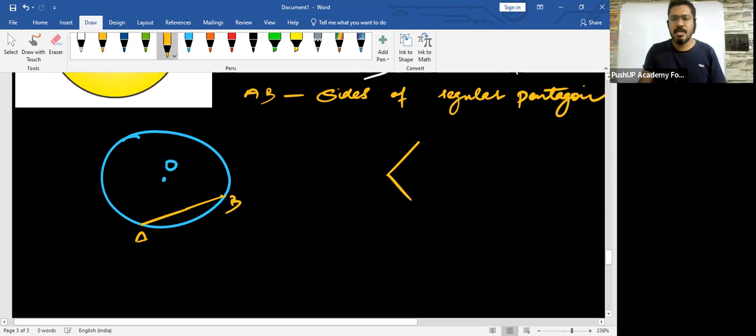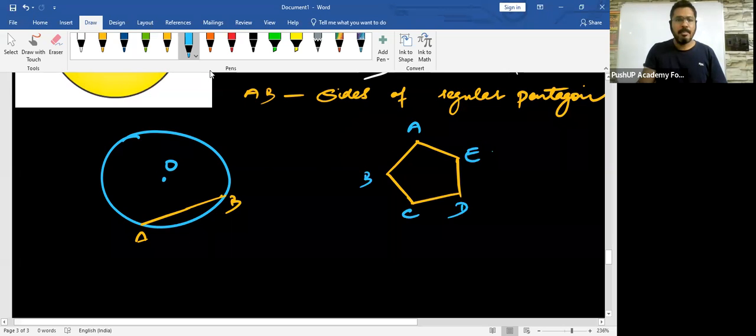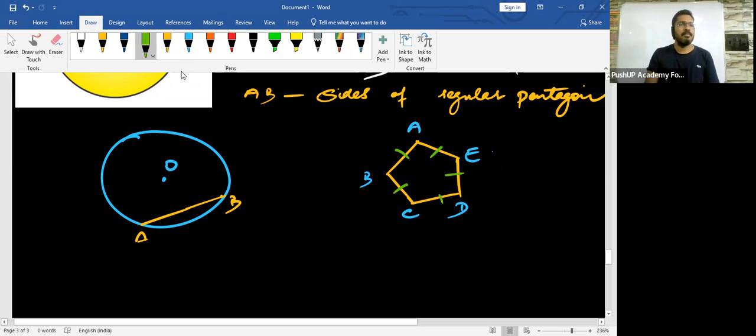Children, imagine I'm giving you a 5-sided polygon, A, B, C, D, E. And I'm telling you that all the 5 sides of this pentagon are equal. Okay, it's a 5-sided polygon, so it is a pentagon.